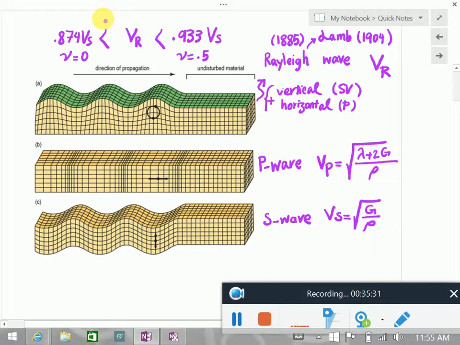So the rule of thumb for earth materials and concrete is that we take it to be 0.9 Vs. It's a rule of thumb, a little bit slower than Vs, as Ian just mentioned. The vertical component is much larger than horizontal, and generally speaking, the amplitude is much larger than the other waves on the surface.